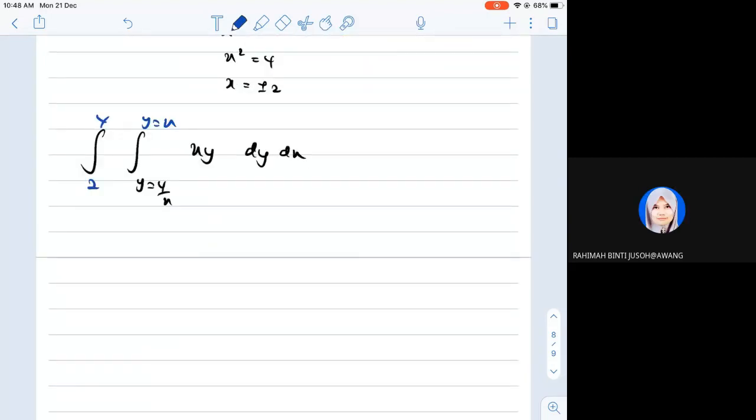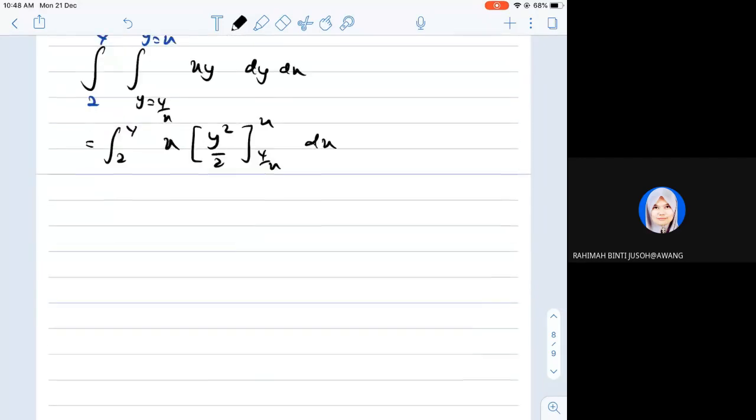Okay, so let's proceed with the integration. 2 until 4. Now the constant is x, so x can be taken out. y squared over 2. Substitute y equals x and then 4 over x, dx. So we will have 2 until 4 of x squared over 2 minus 4 over x, all squared.